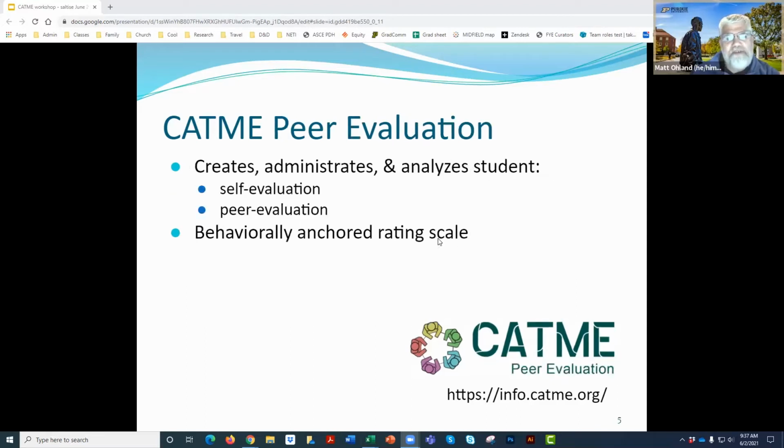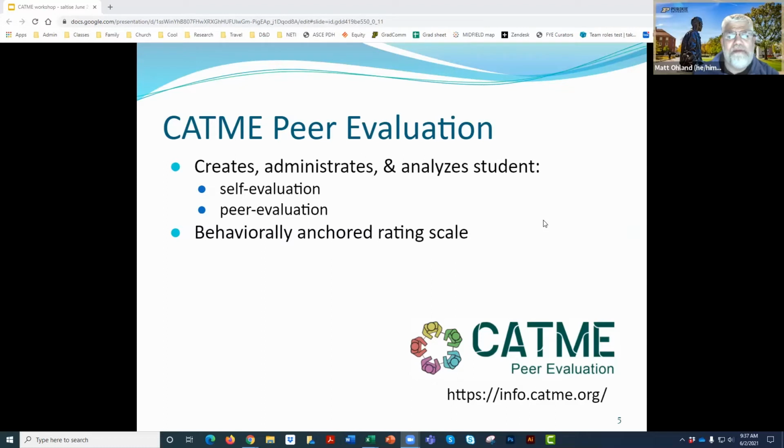The second major feature is a peer evaluation system that was developed scientifically. But it doesn't necessarily match all the models of teamwork that you might have seen, because it is a behaviorally anchored system. So it only includes things that can be observed by teammates and reported. So that means it's missing certain aspects of teamwork that are inside a person's head, but not visible.